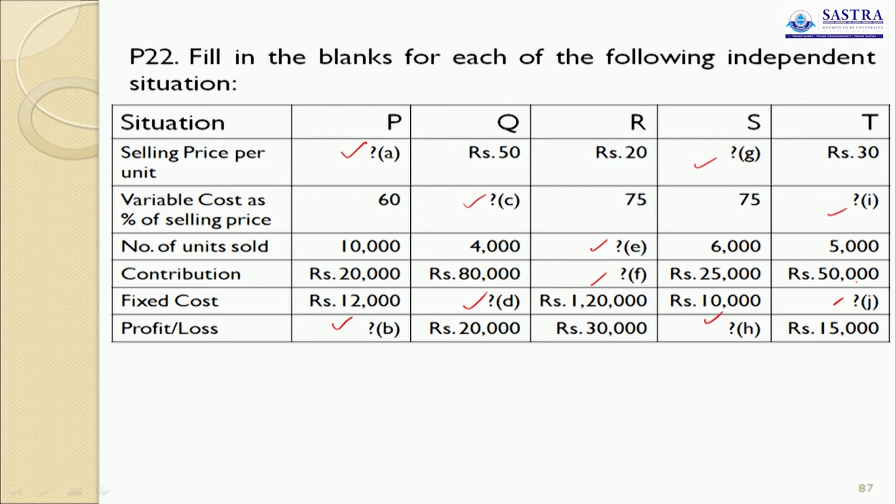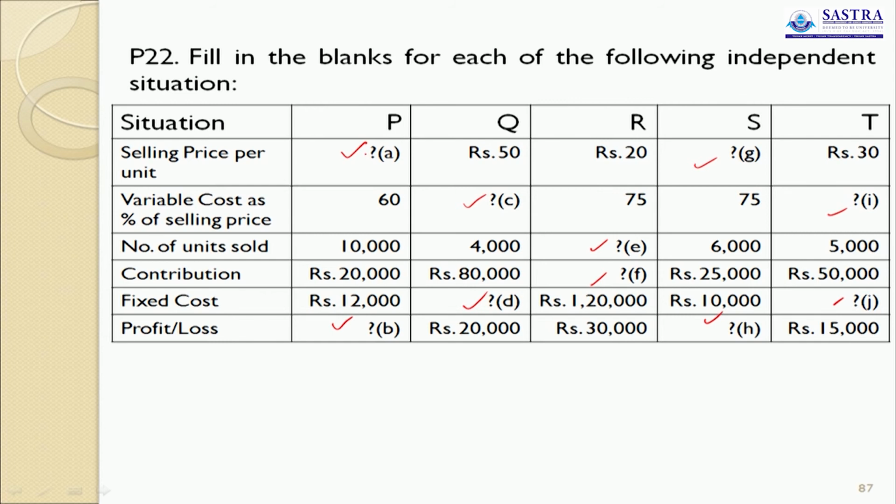Okay, so situation P, Q, R, S, T. Selling price per unit for P is nil, variable cost as percentage on selling price is 60, number of units sold 10,000, contribution rupees 20,000, fixed cost is 12,000. So profit is question mark.